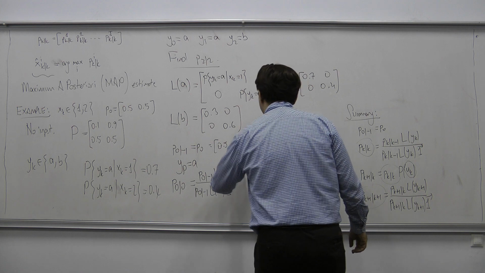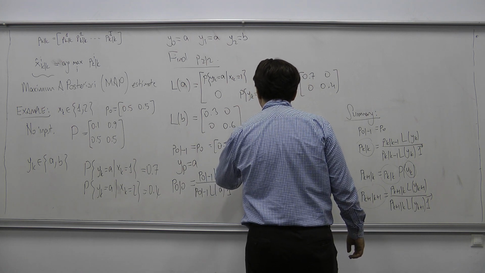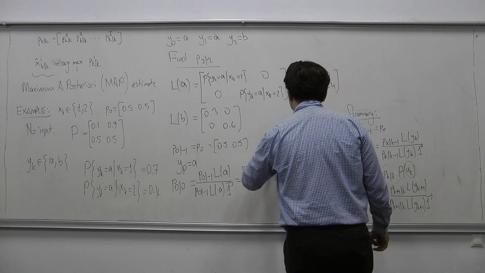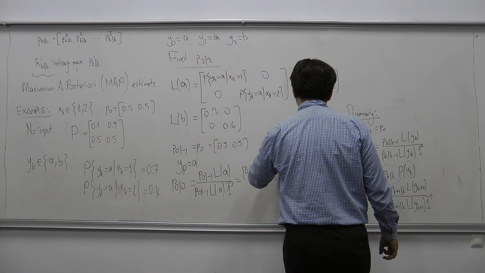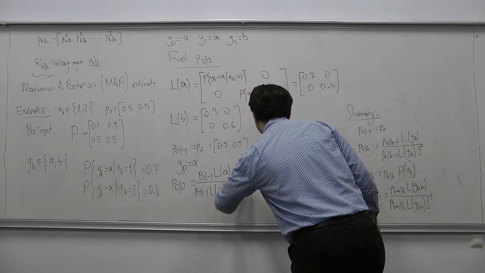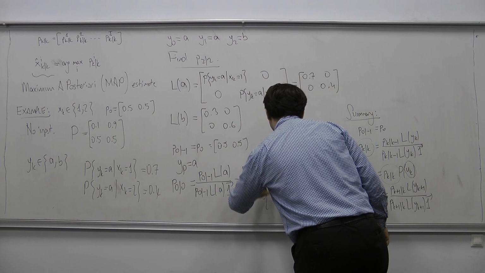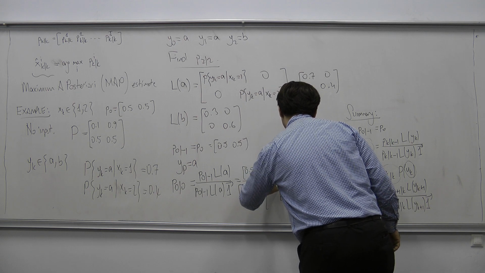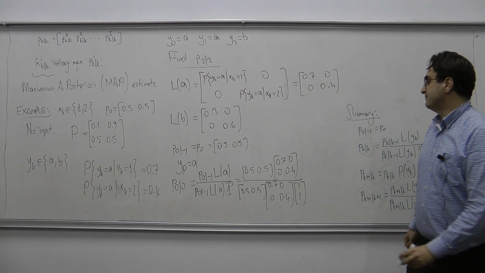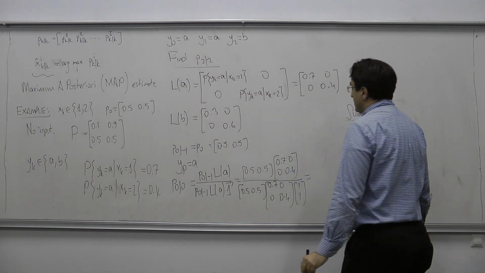So that is equal to 0.5 times L of A, this matrix, 0.7, 0.4, 0, 0, divided by, sorry, I would have to write this again, and 1, 1. Okay?